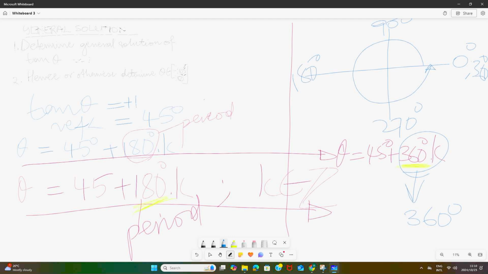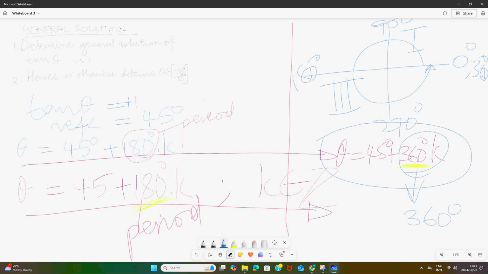And then what does that mean? It means that if we're talking of a Cartesian plane, now we will be talking of quadrants. In which quadrants is tan positive? Our tan is positive in the first quadrant as well as in the third quadrant. Then if you prefer to use 360 degrees, you can't stop at this solution.